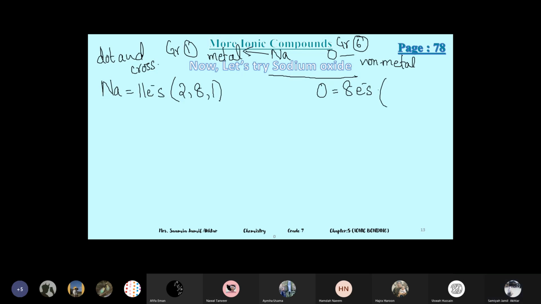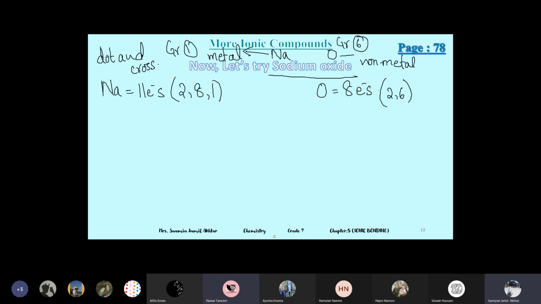This is from grade 6, and I hope that all of you know this, right? Yes. Other girls also, the girls who are not speaking at all. Okay, now 8 electrons, oxygen. So its configuration will be 2, 6. Very good. 2 and 6.